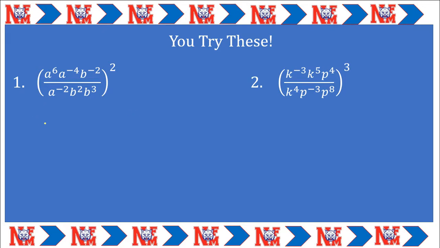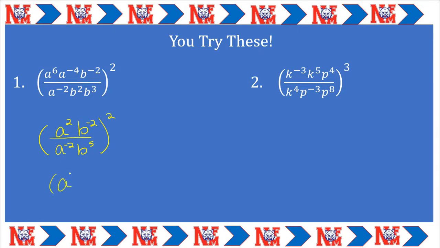Okay, on the first one, I'm going to combine my a's using the product rule and the b's in the denominator. I have a squared times b to the -2 over a to the -2 times b to the 5th, all raised to the 2nd power. Now we can apply the quotient rule.